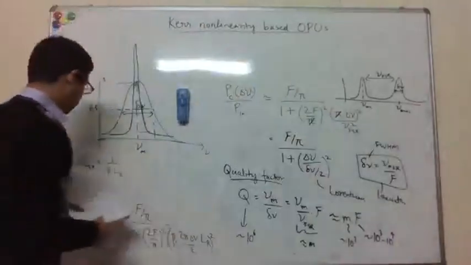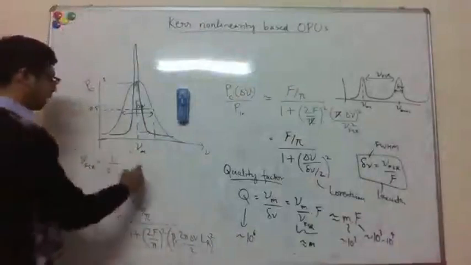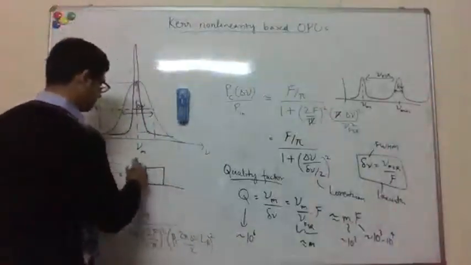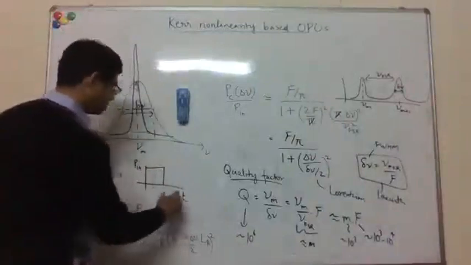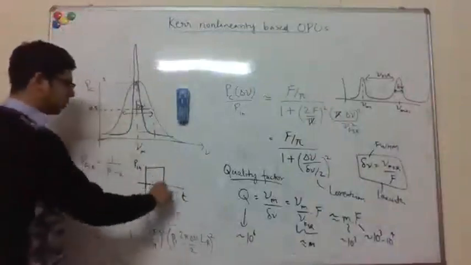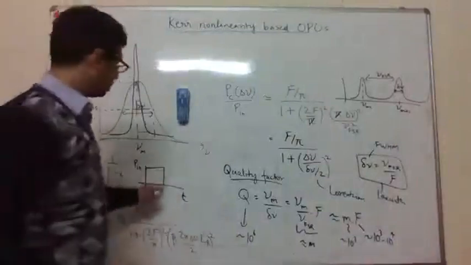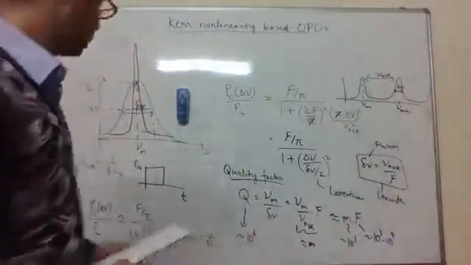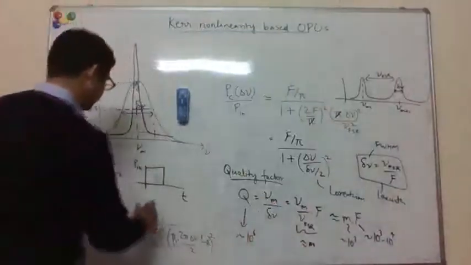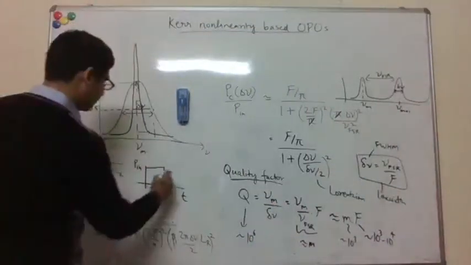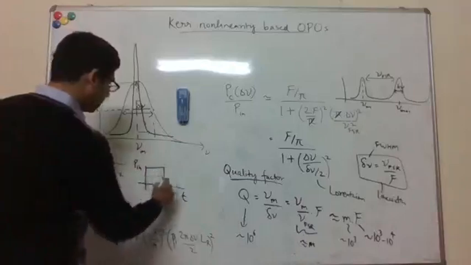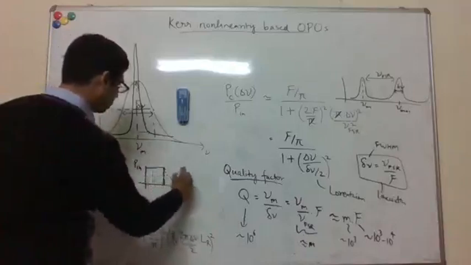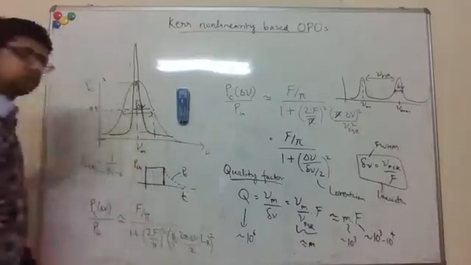So let's say I abruptly turn off my input power to the cavity and then look at what happens to the power in the cavity. Then typically you will see that the power in the cavity doesn't immediately go to 0. It decays with some time constant.